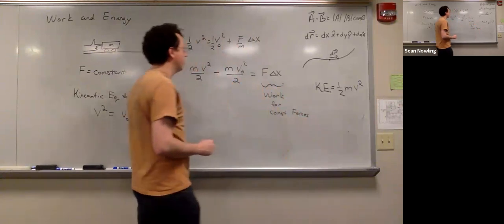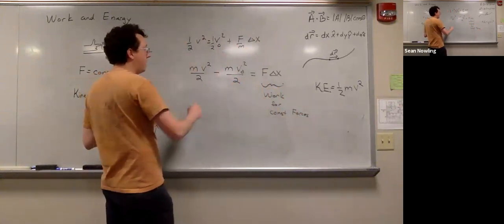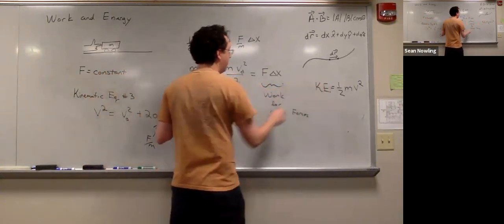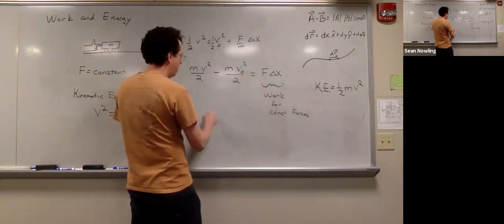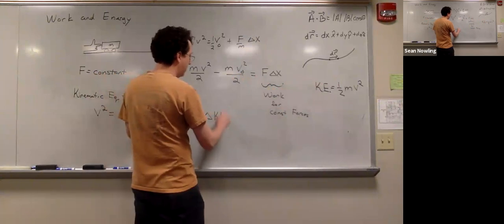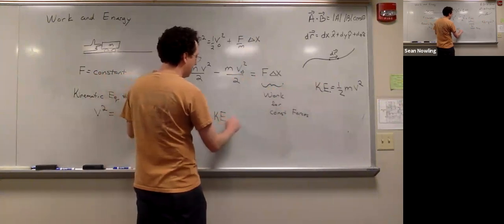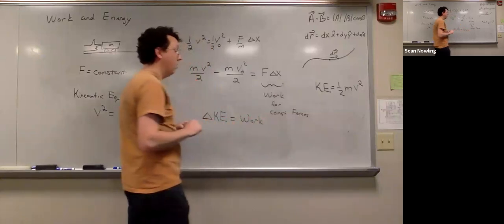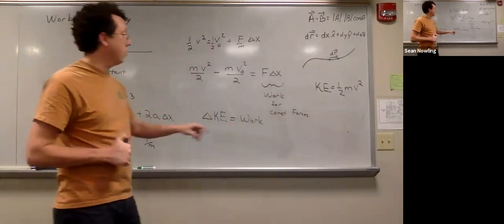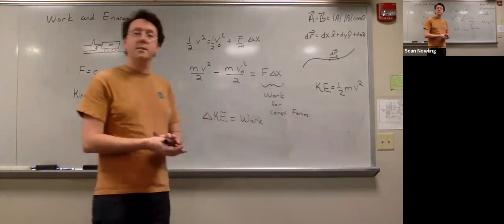That's not always true, okay? But what I have then is if kinetic energy is 1/2 mv squared, this says the change in kinetic energy equals the work on the system, where work equals force times distance.